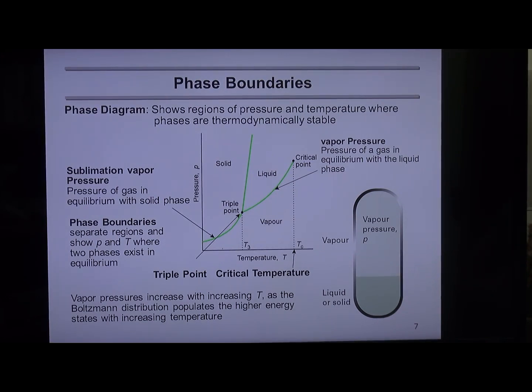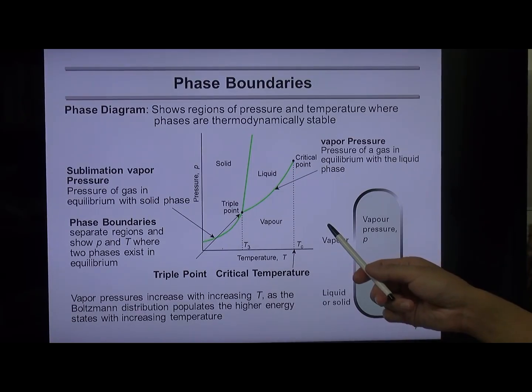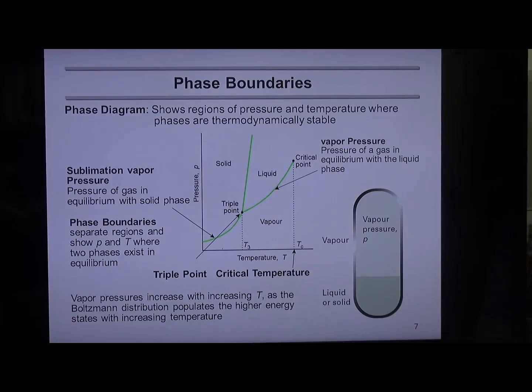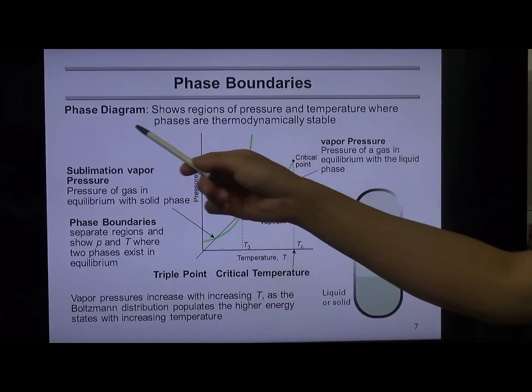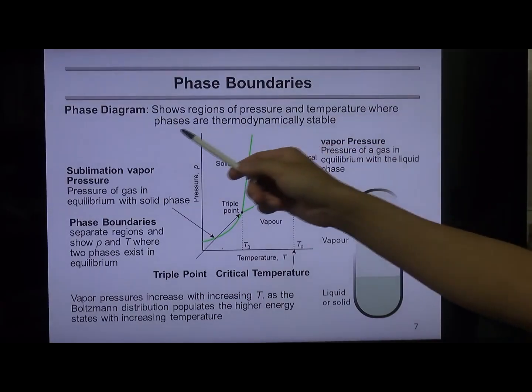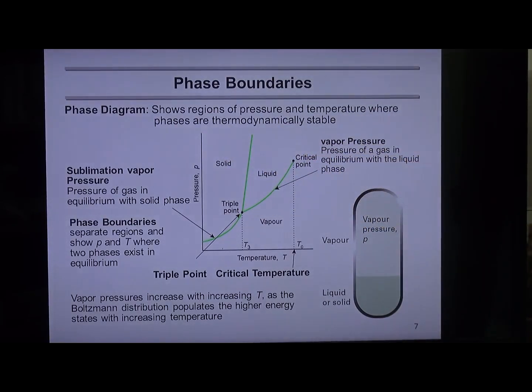So we can do it for many different pressures and temperatures, and we determine the most stable phase of a certain pure substance, and we draw it in a certain diagram that is called phase diagram. Phase diagram basically shows regions of pressure and temperature where phases are thermodynamically stable.